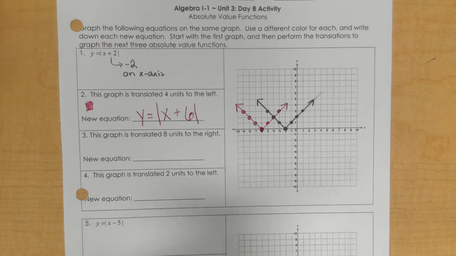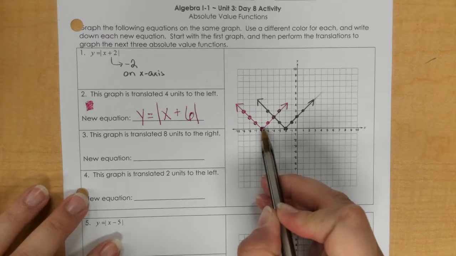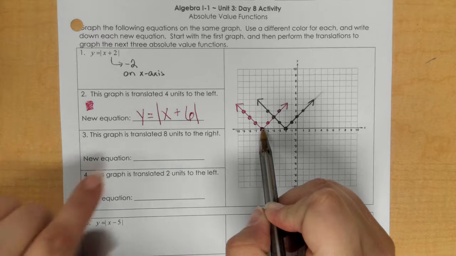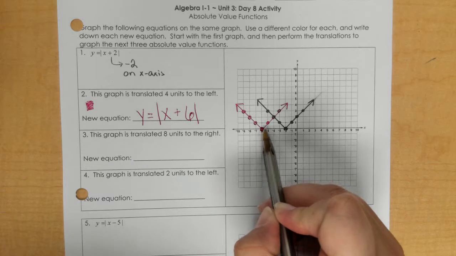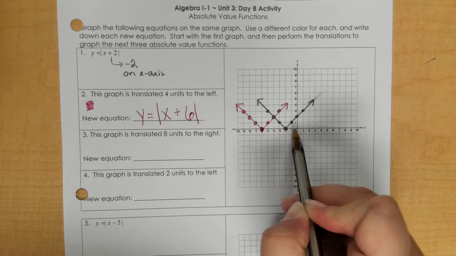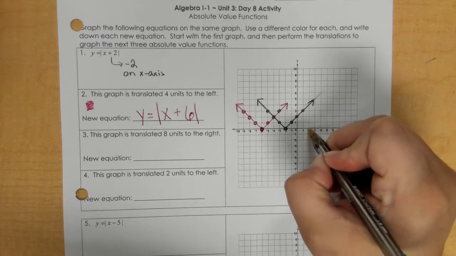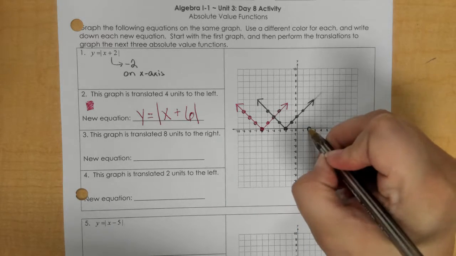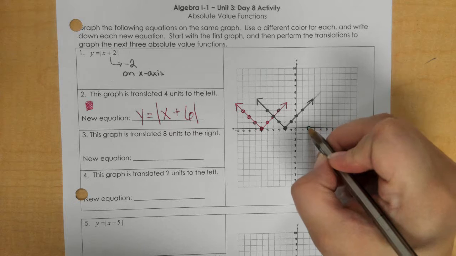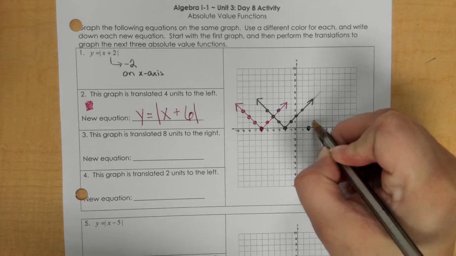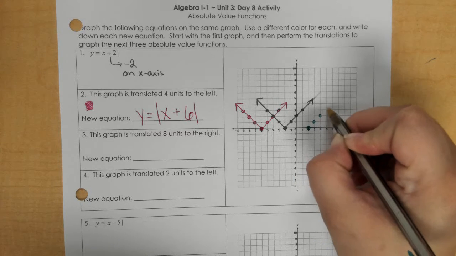Okay, now we're going to go from the pink one, the one I just made, 8 units to the right, which is at +2. So I go ahead and get my vertex, up 1, right 1, do that 3 times.